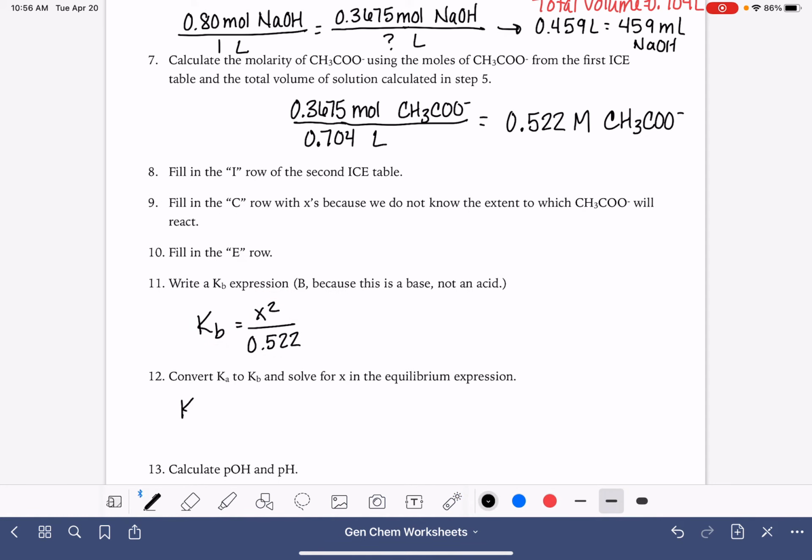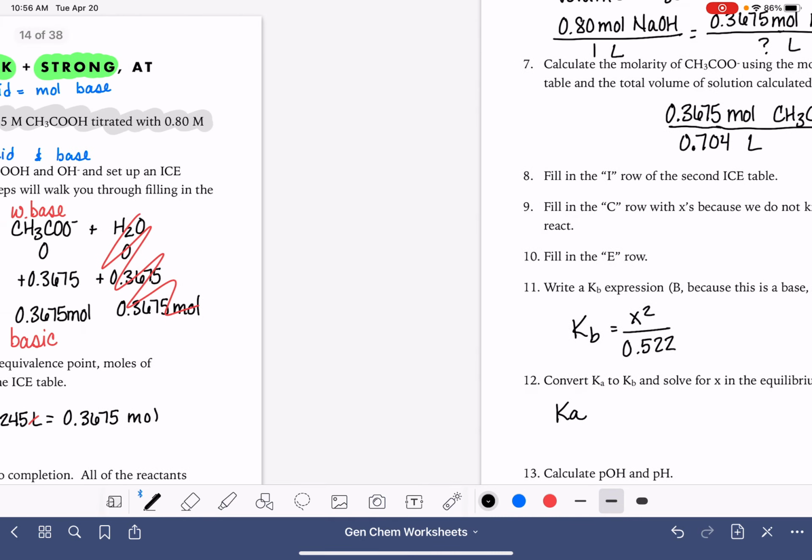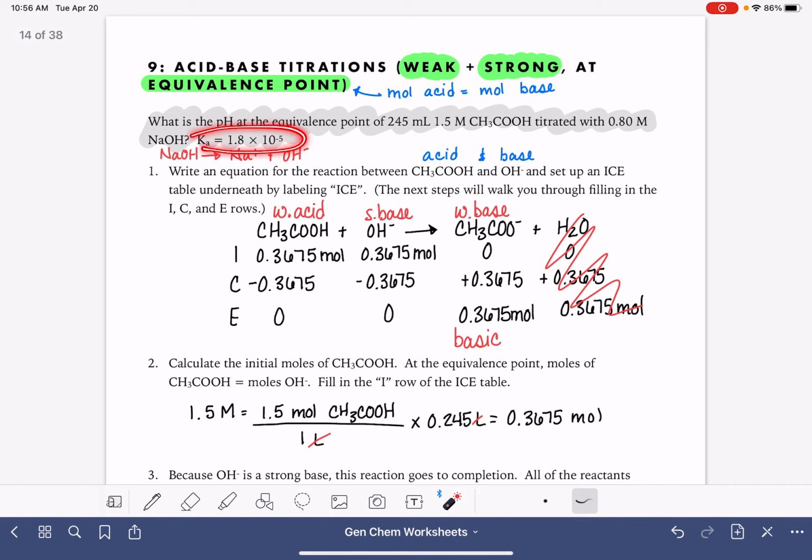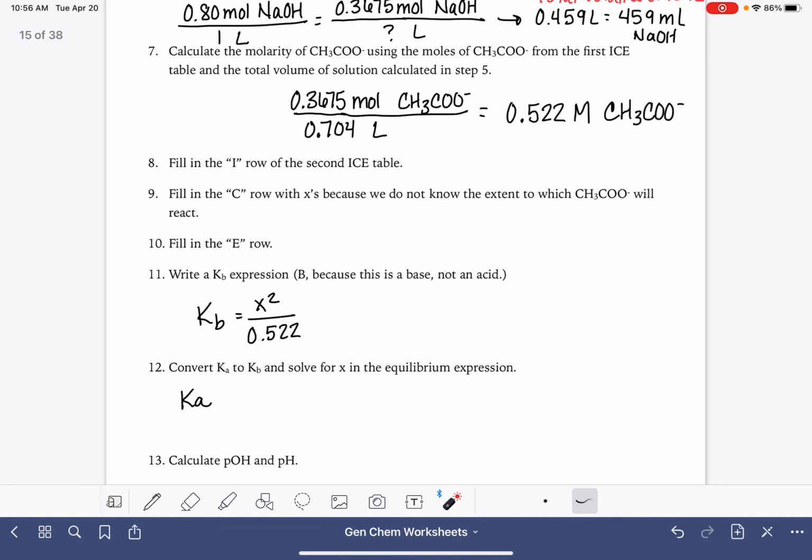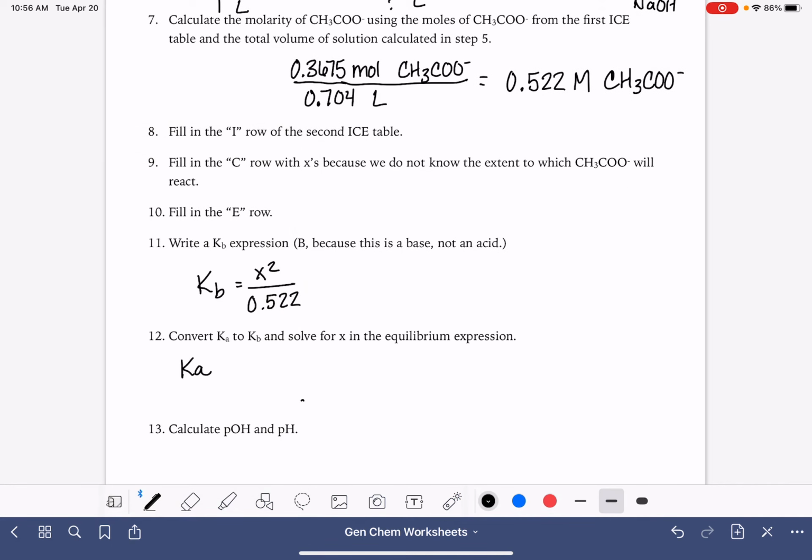The problem gave us Ka back in the beginning. This is pretty common. The problem gives us Ka, 1.8 times 10 to the minus 5. The relationship that we're going to use here is Ka times Kb equals Kw.